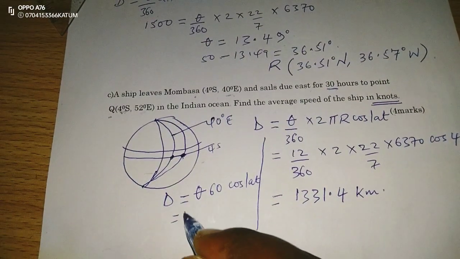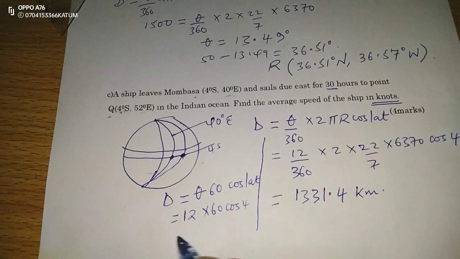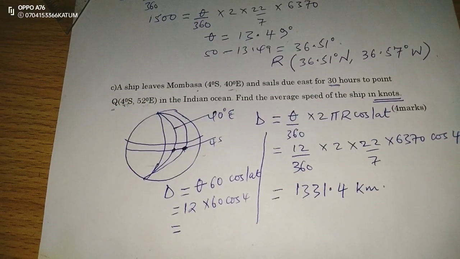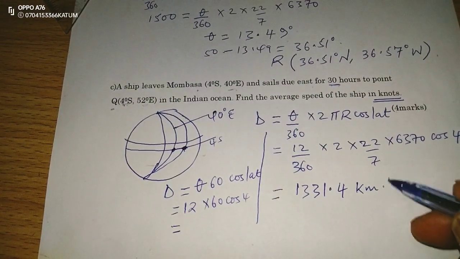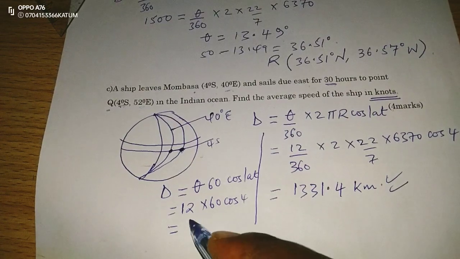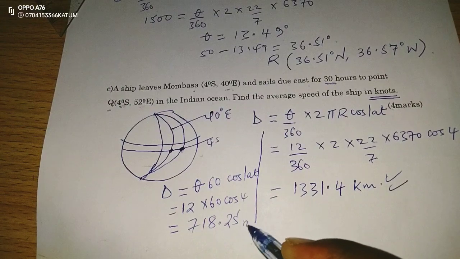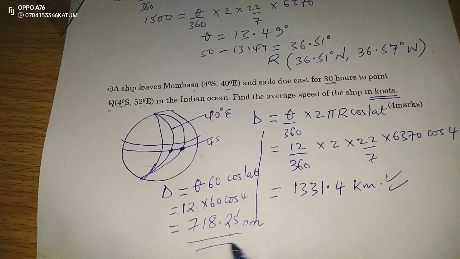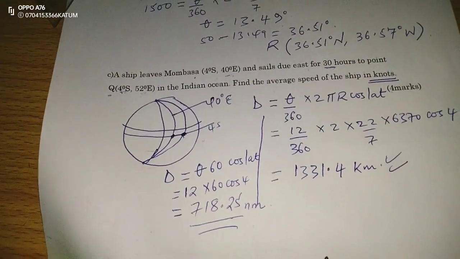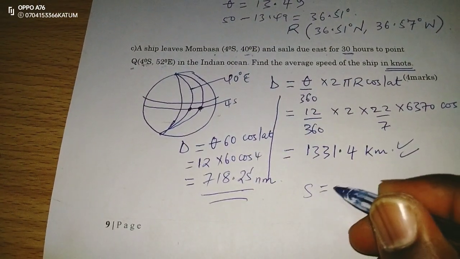So we need 12 times 60 multiplied by the cosine of 4. This gives us 718.25 nautical miles.